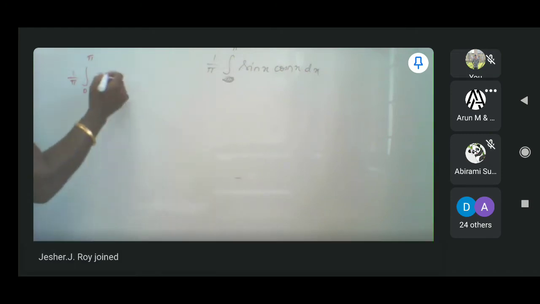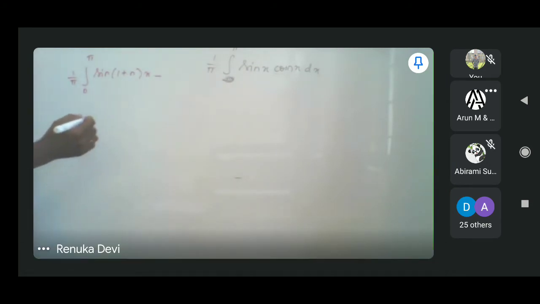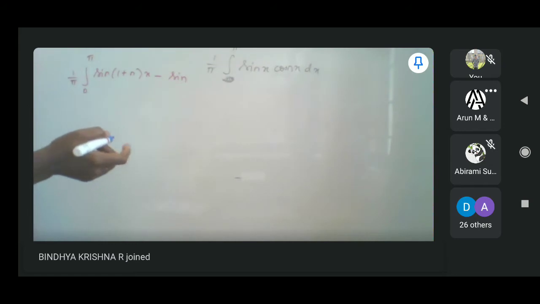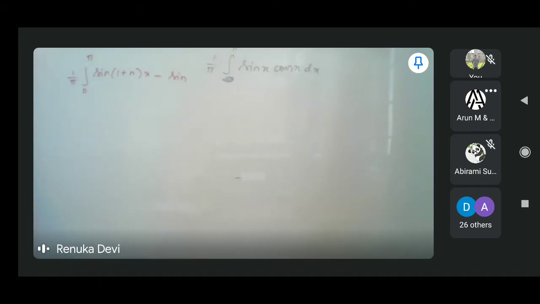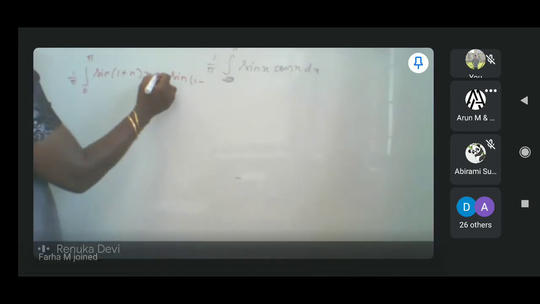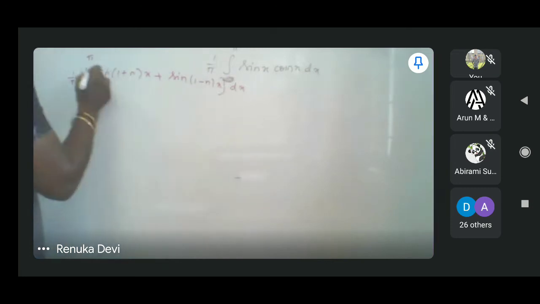Sin of a plus b. Sin value is 1. So it is plus 1 minus nx dx. Like this you are having.